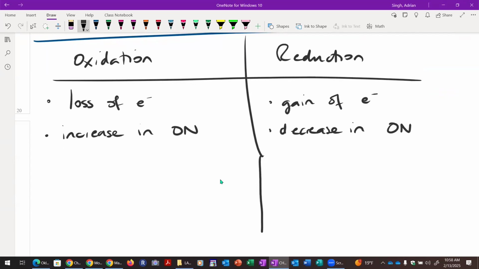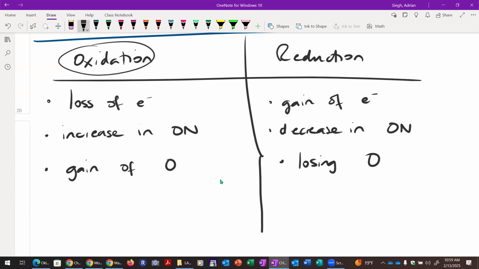And now the other things we'll look at are a little bit more obvious to determine whether something is oxidized or reduced. We don't always see these, but we're going to see them quite frequently. Oxidation is also the gain of oxygen. It kind of is in the name, right? Something is undergoing oxidation. We're adding O's, which means reduction would be the opposite, would be losing oxygen.